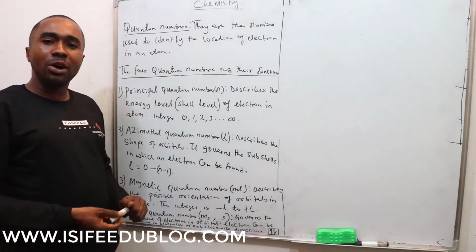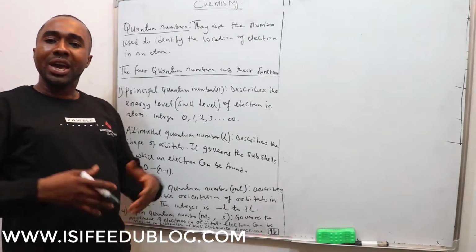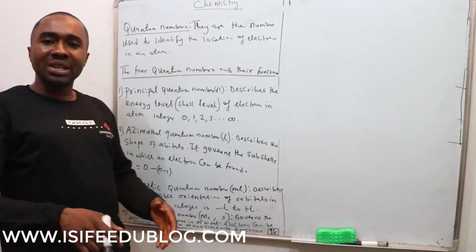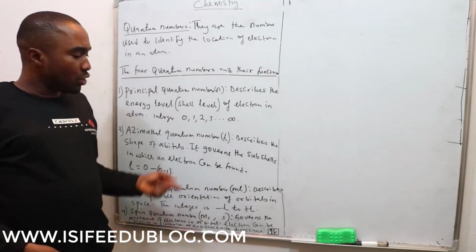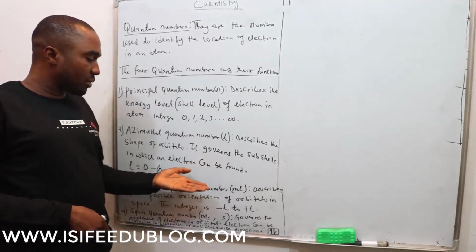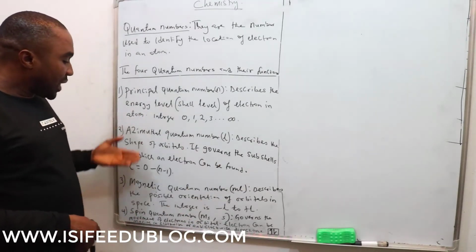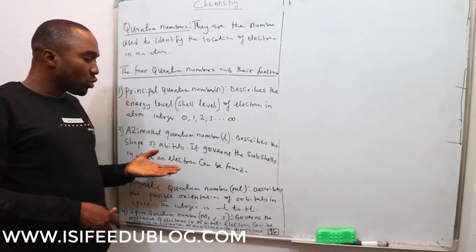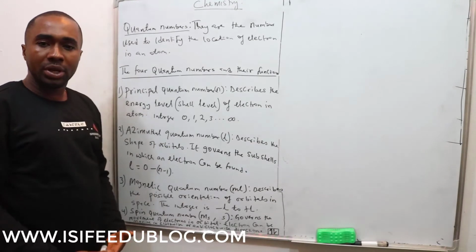Maybe the person is found in local government A or local government B in Lagos State. Those local governments are the sub-energy levels or the sub-shells. The work of the azimuthal quantum number is just to tell you those sub-energy levels.